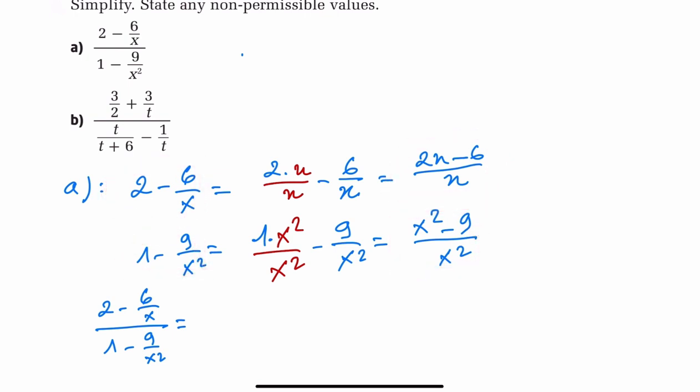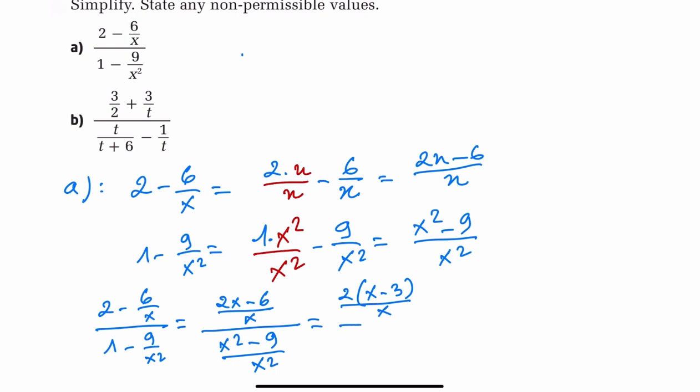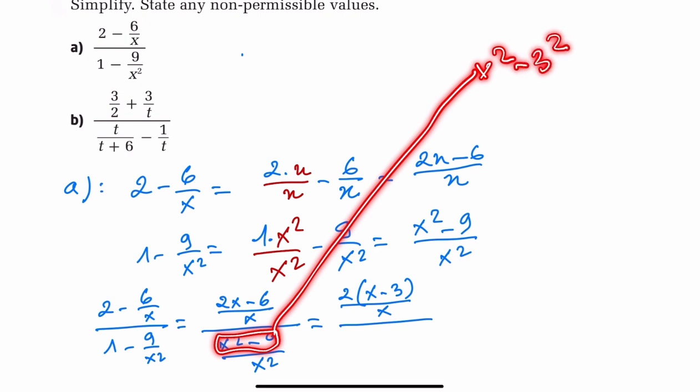So it is equal to 2x minus 6 over x divided by x squared minus 9 over x squared, which is 2 times x minus 3 divided by x, everything divided by, I know that this part is the same as x squared minus 3 squared, which is equal to x minus 3 times x plus 3.